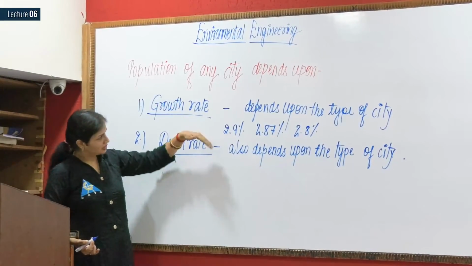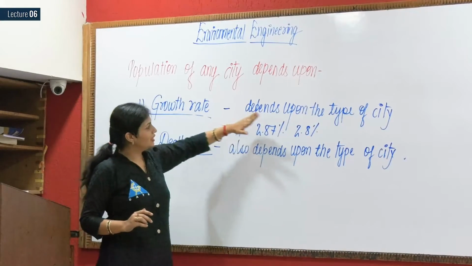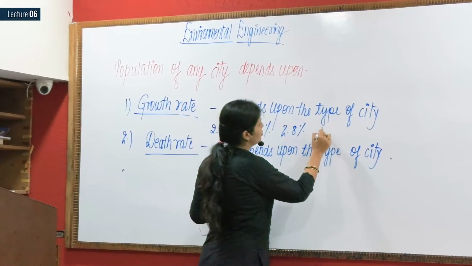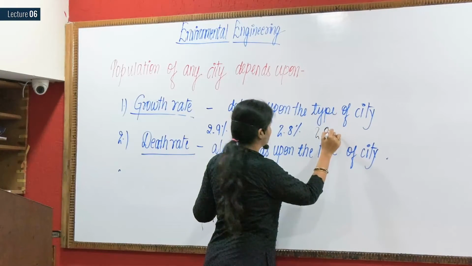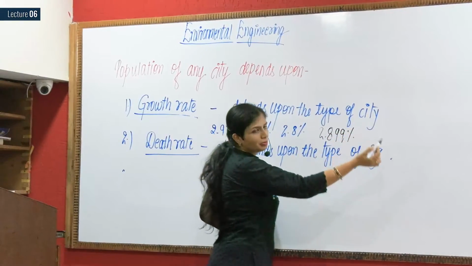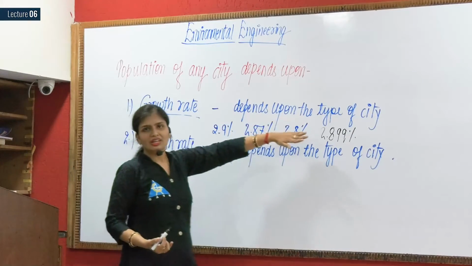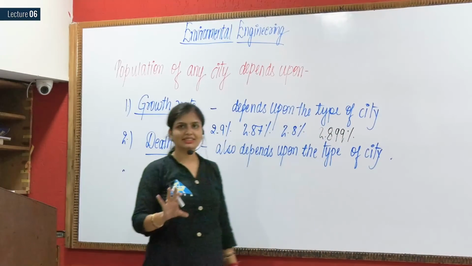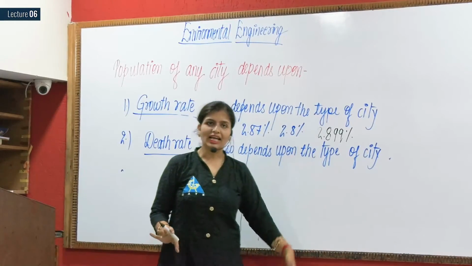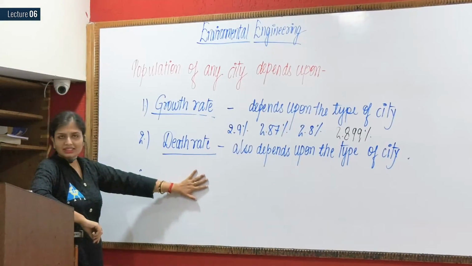I'll just go in the reverse manner basically. This growth rate is further like 2.899%, something like this, and then 3.5%, anything like this. So this rate is almost constant. Similarly, the death rate is almost constant, and these both depend upon the type of city, right? This is clear to you?